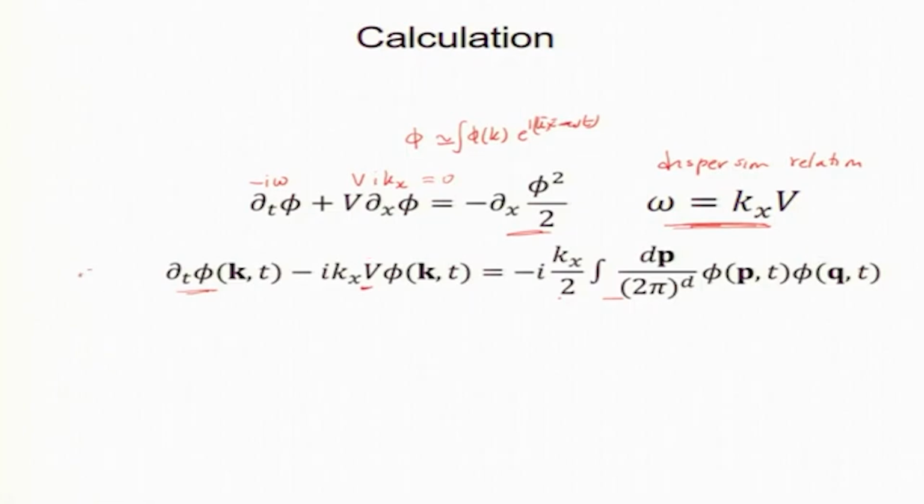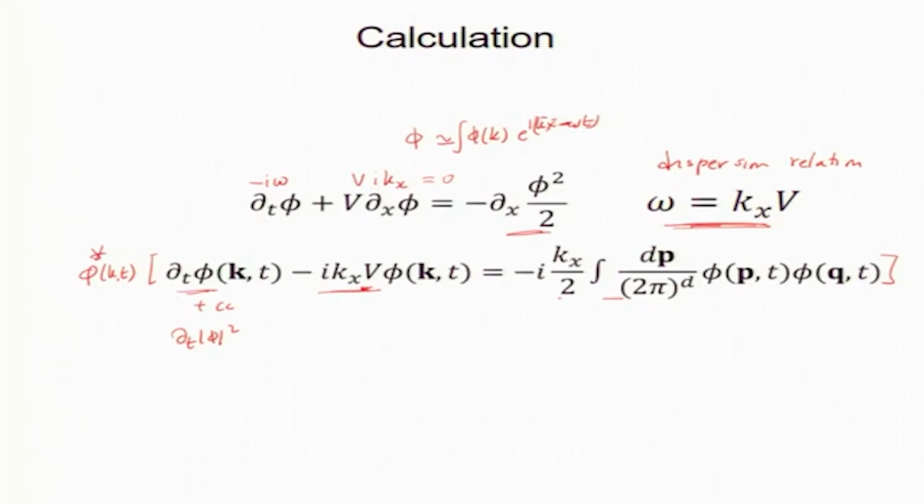So, what do I do? I multiply this by phi star of kT, correct, and add the complex conjugate to it. That will give me d by dt of mod phi squared, correct. Is it correct? I mean, d by dt of phi star will give you phi star d by dt phi plus phi d by dt of phi star.